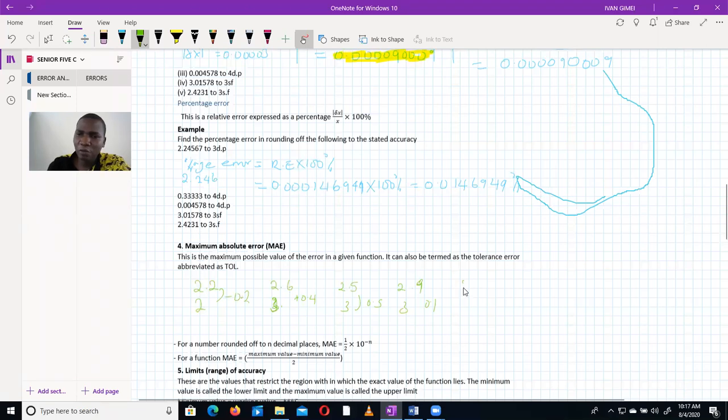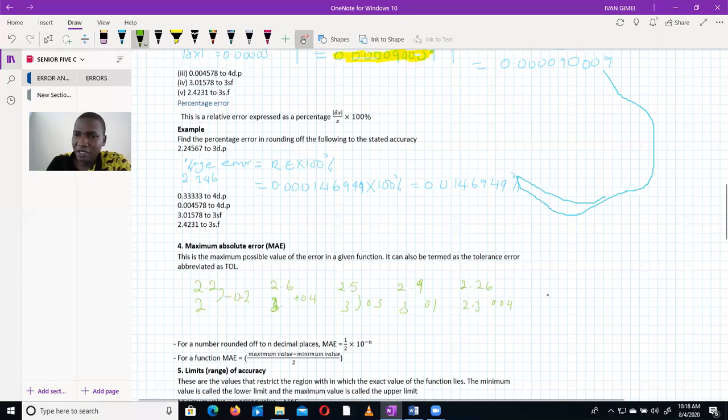If I have 2.26 and I write this one as 2.3, I'll have made an error of 0.04. That means that as you round off, you've not seen anywhere where we're adding 0.06. You've not seen anywhere where we're adding 0.07 or 0.08.